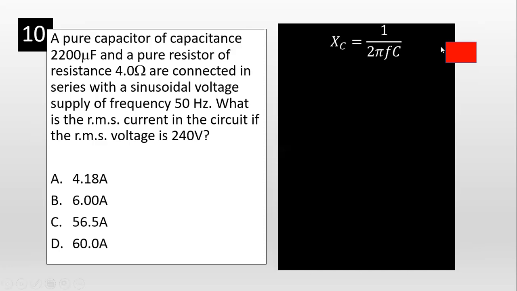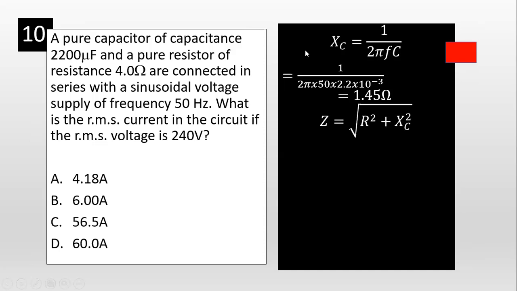So calculate your reactance for capacitor. Memorize the formula, put in your value, 2 pi, 50, that's your 50 Hertz. That one, change to 10 to the power minus 3. Calculate out.